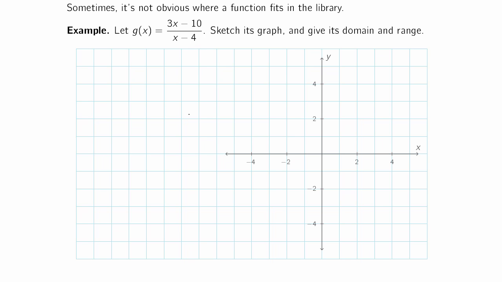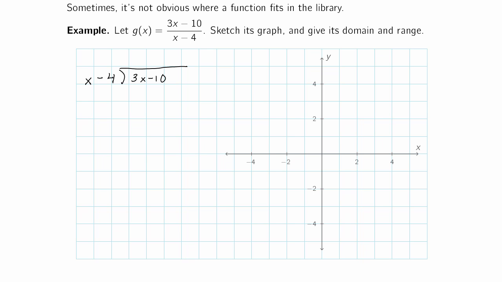This denominator is in the form x minus a number, so I can use synthetic division. Take the opposite of the negative 4, use positive 4 in synthetic division. You can do it that way. Just because we haven't seen it for a while, I'm going to use regular polynomial division. So we're going to divide x minus 4 into 3x minus 10.